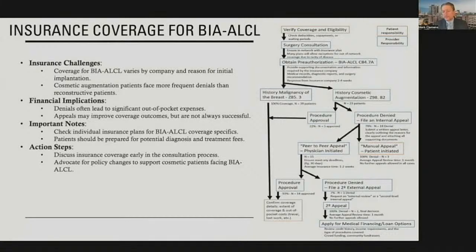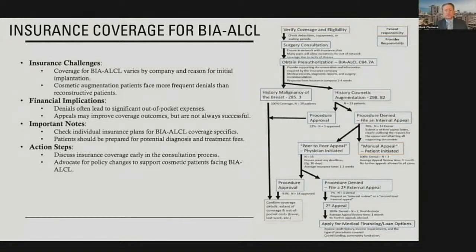For instance, we frequently see that a peer-to-peer appeal usually does work in the most number of patients. However, we've also seen some insurance companies will have an alternative called a manual appeal. We have actually never seen the manual appeal ever fall in the favor of patients.